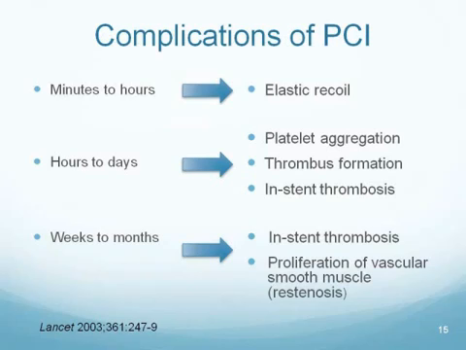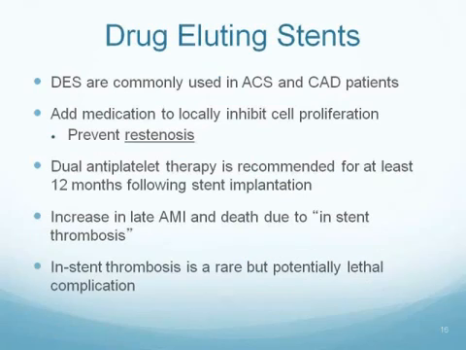And that has been primarily addressed by using drug-eluting stents. So drug-eluting stents have medications in the stent that sort of inhibit this cell proliferation. And by putting the drugs in the stent, you are preventing restenosis.